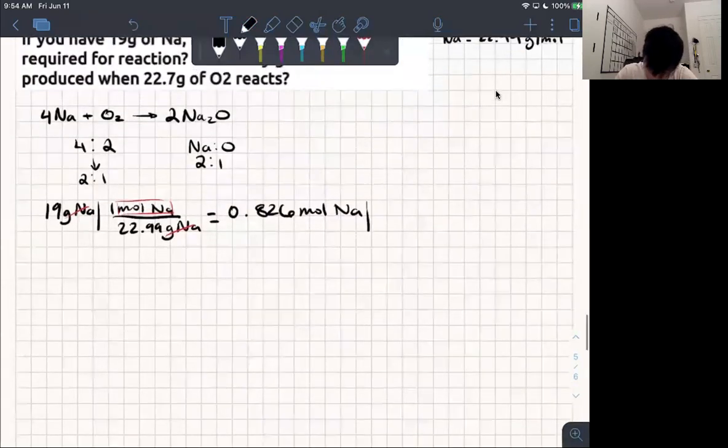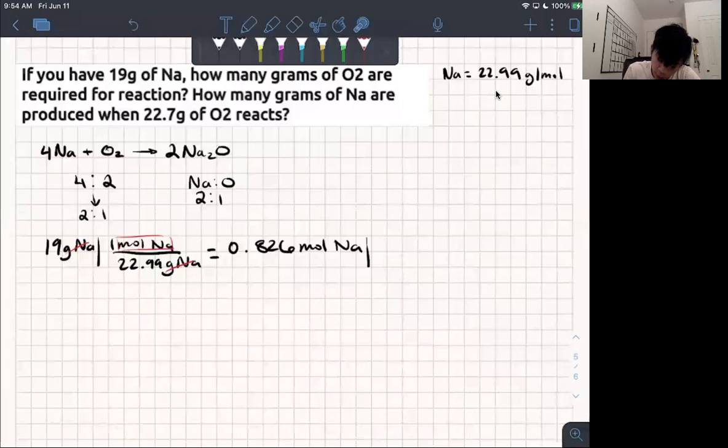We now refer back to the balanced equation that we used earlier. We want to see, for every mole of sodium, how many moles of oxygen are going to be used. Because we want to cancel out the moles of sodium and end up with grams of oxygen, we're going to have moles of oxygen at the top here.